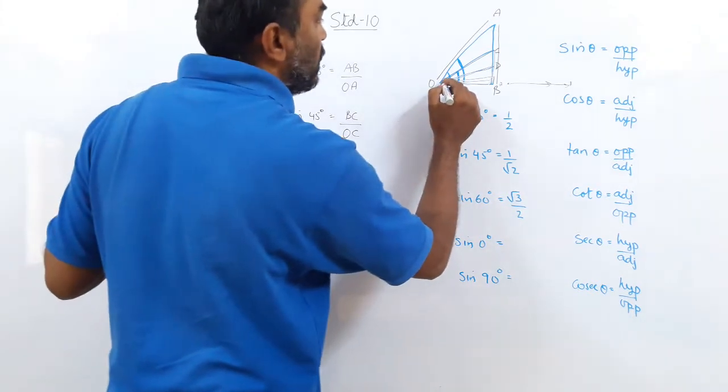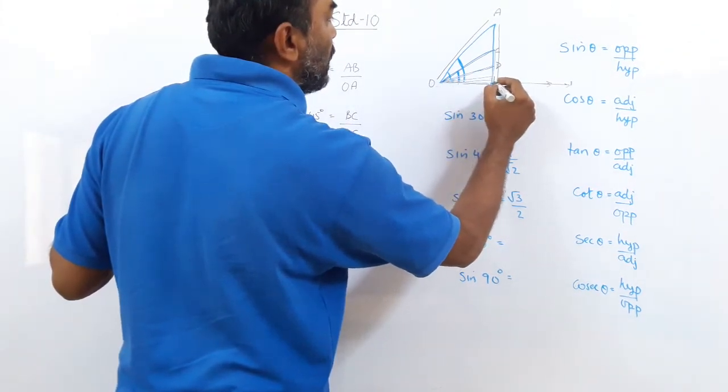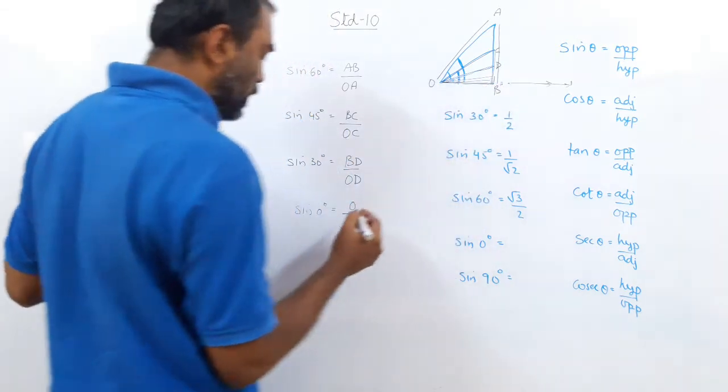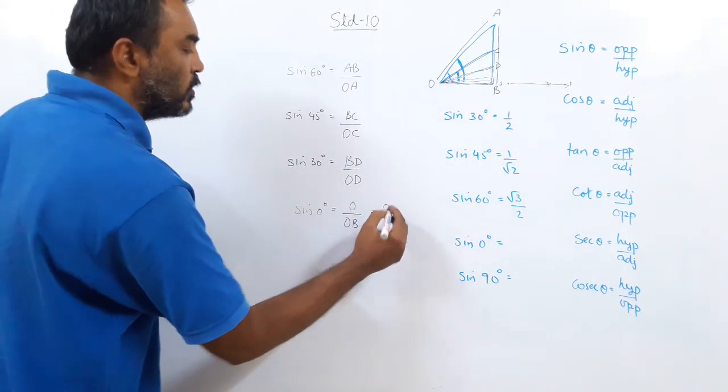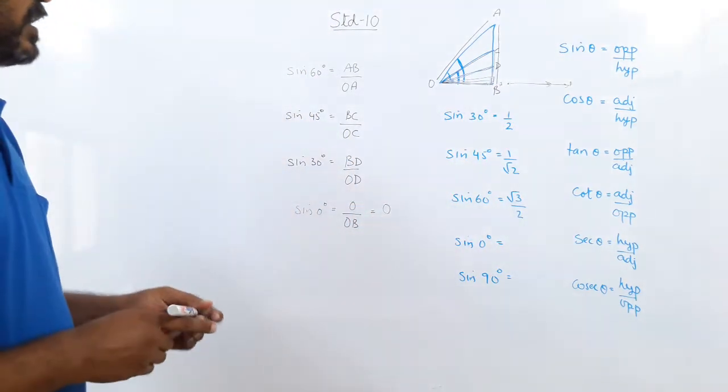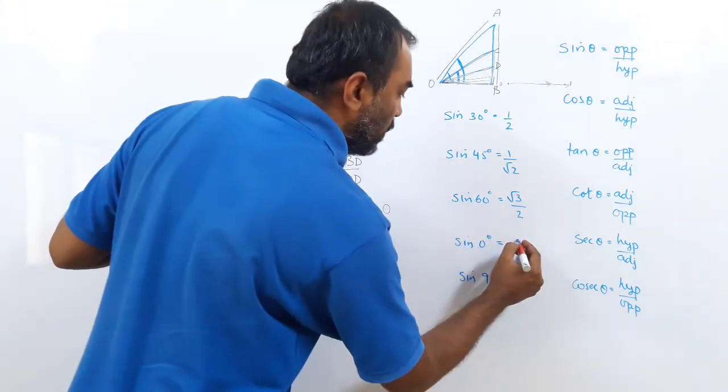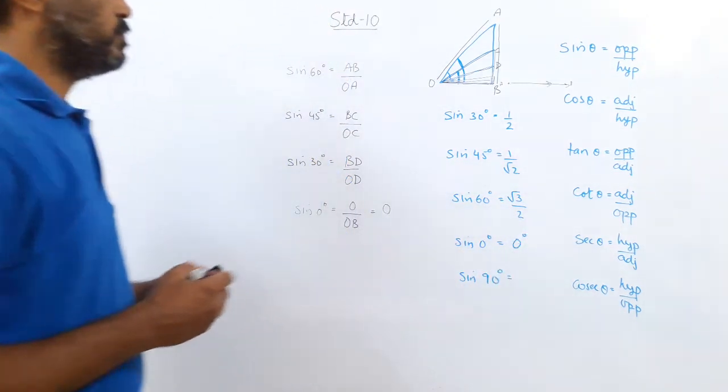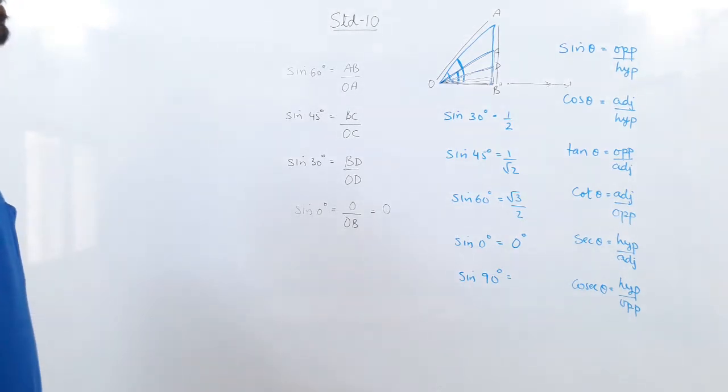So when the lines are coinciding like this, the height has become 0 and the hypotenuse is OB. So you get 0 upon OB, so you get 0. So sine 0 degree will have a value 0.